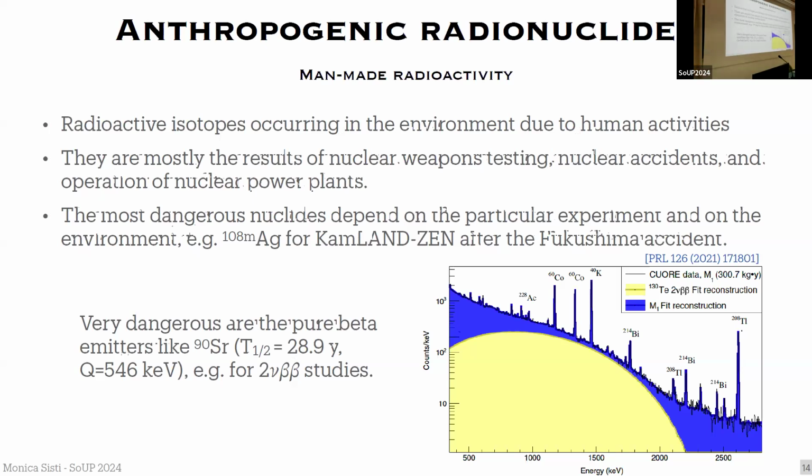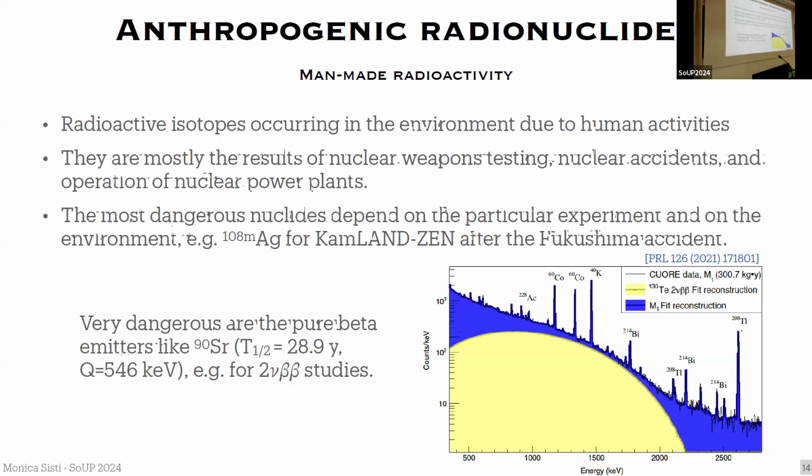For every experiment there could be different isotopes of concern. For example, KamLAND-Zen, a double beta decay experiment searching for the double beta decay of xenon, long suffered from the gamma peak from silver-110m because it is very close to the Q value of xenon-136, and this came from the Fukushima accident.